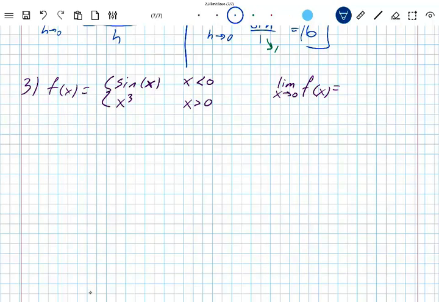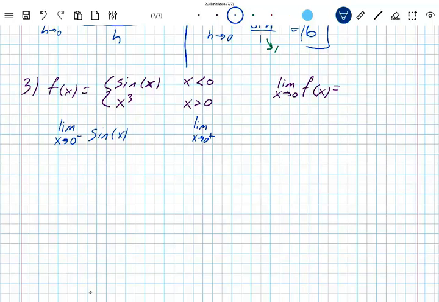So at the breakpoint in those domains, well, one of them is going to have x goes to 0 from the left. One of them is going to have x goes to 0 from the right. So we can say from the left and from the right what is happening. On the left, that means x is going to be less than 0. I'm in this area here, so this would be sine of x.